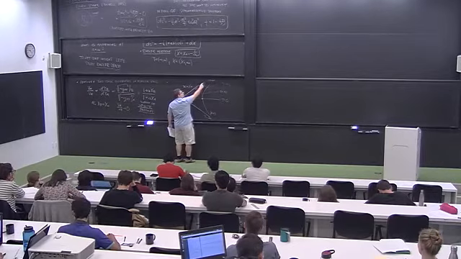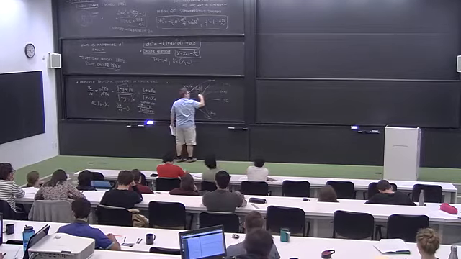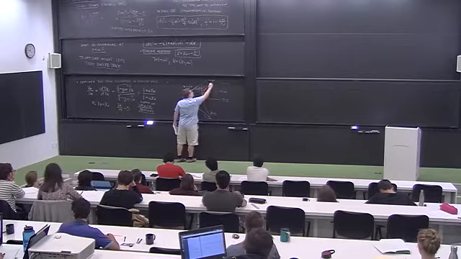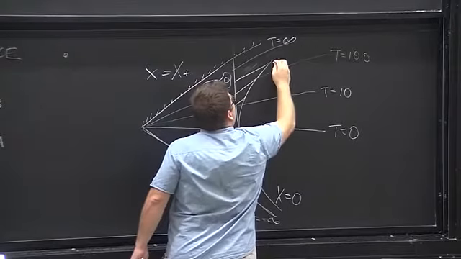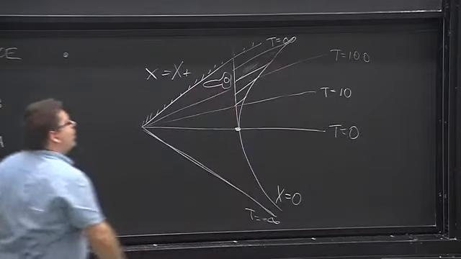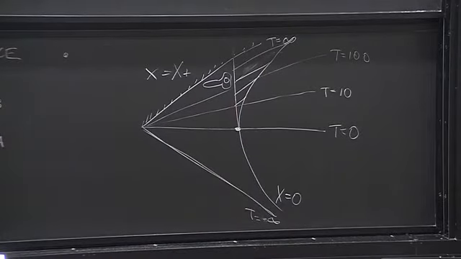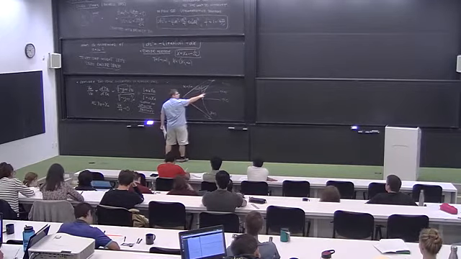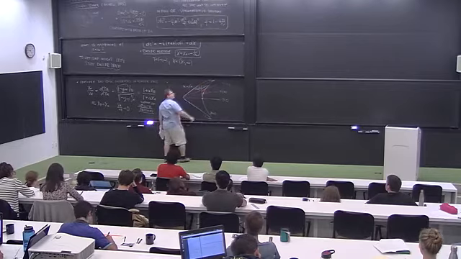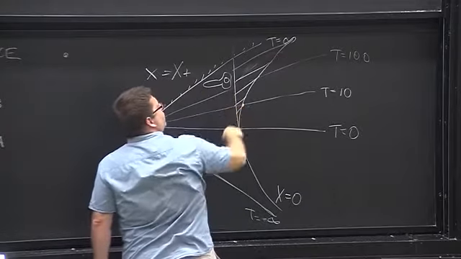So the lines parallel with this are this one, that one, and that one. And so the observer sees the first flash at t equal to 10, then the next one at t equal to 100, and the next one over there.